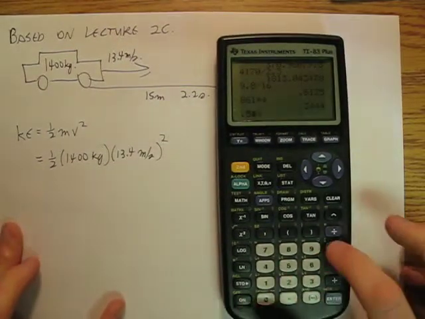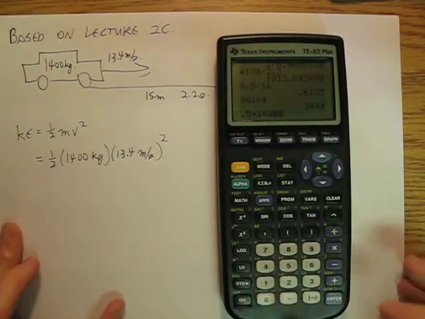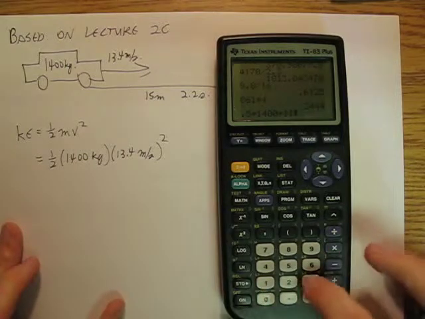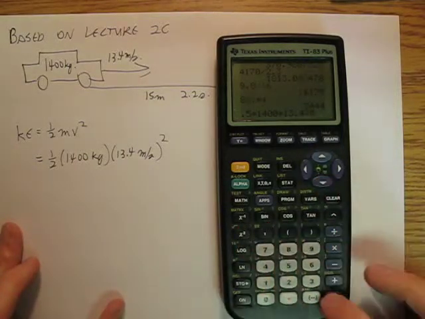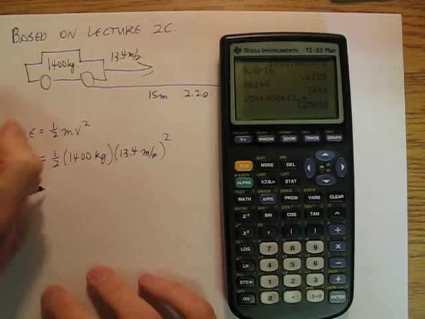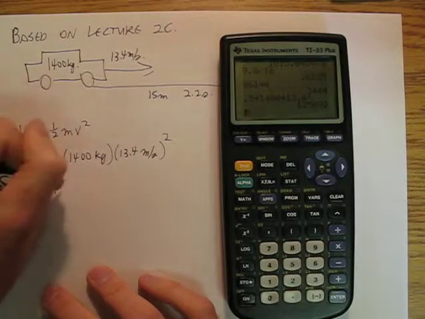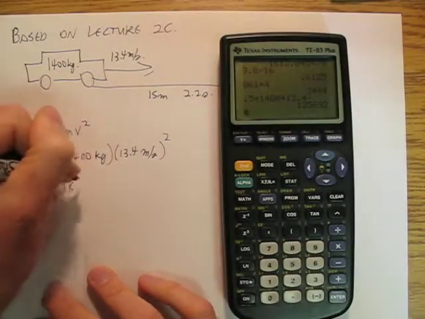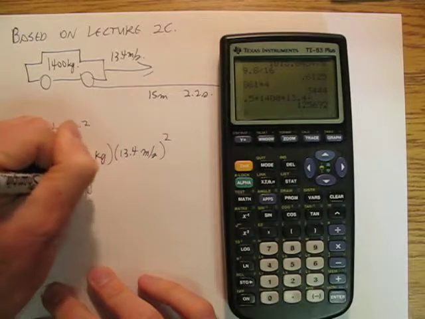So 0.5 times 1,400 times 13.4 squared is going to give me 126 kilojoules.